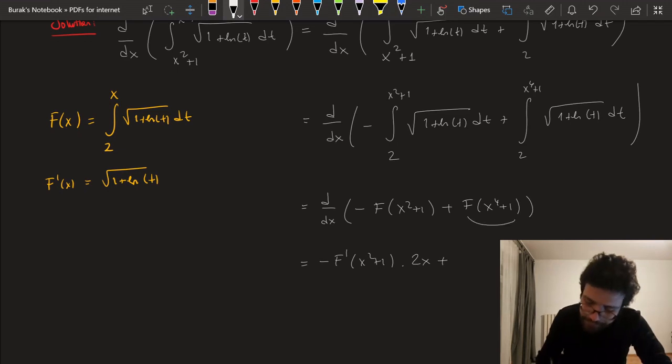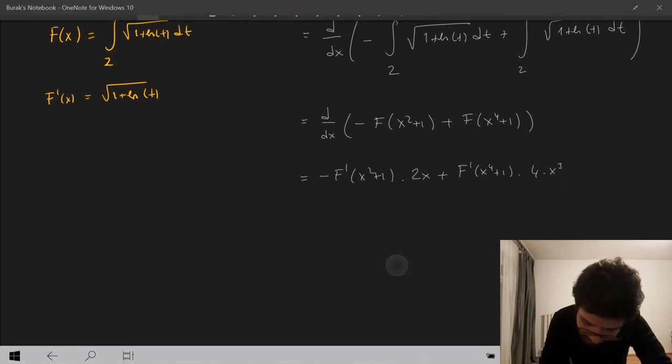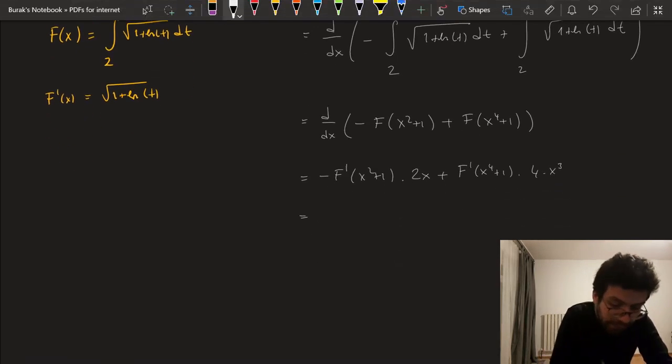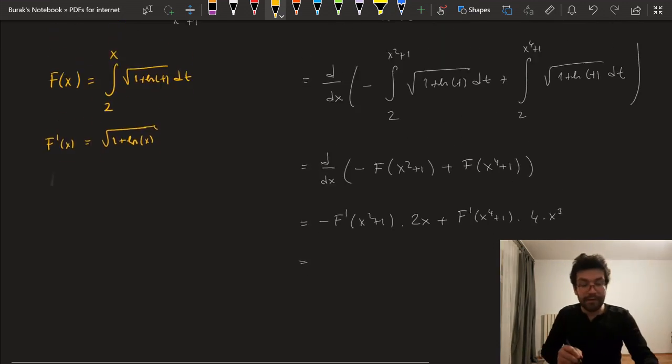If you differentiate this by chain rule, what you get is the derivative of the outside function, leaving the input fixed, times the derivative of the inside. Now I'm using the fact that f prime of x is square root 1 plus ln x. I'm going to pretend that those little mistakes never happened.